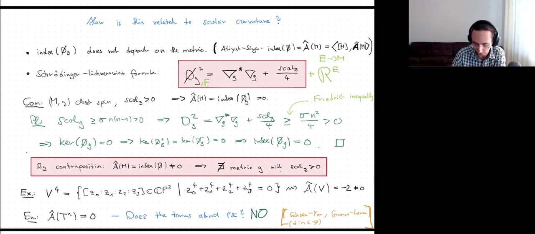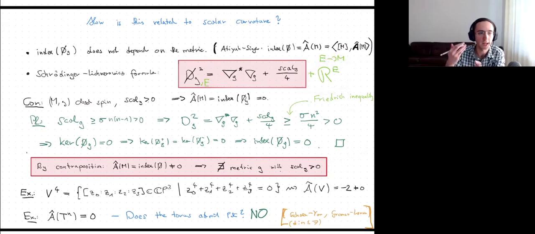In particular, if this was a flat bundle, then you could do the same kind of argument and get index invariants that come from these twisted operators. And you don't actually quite need that this is 0. It's enough that you have many bundles such that these curvatures become arbitrarily small.